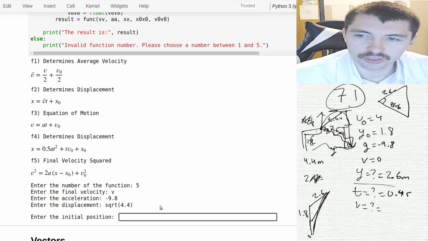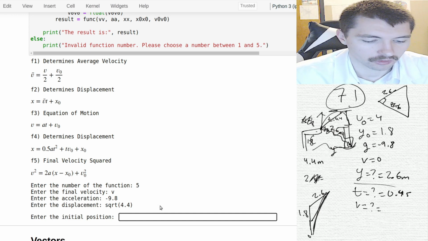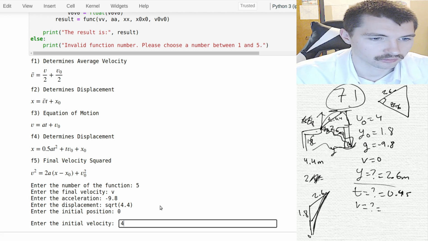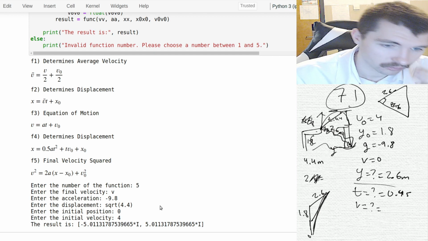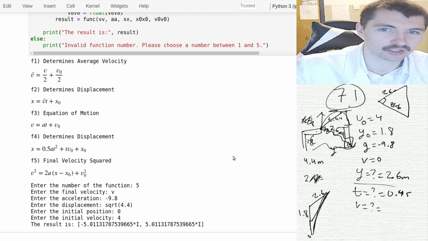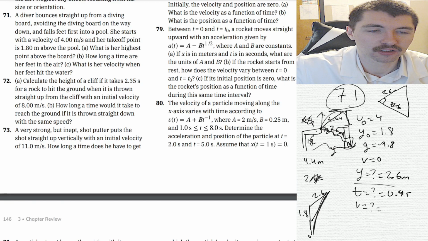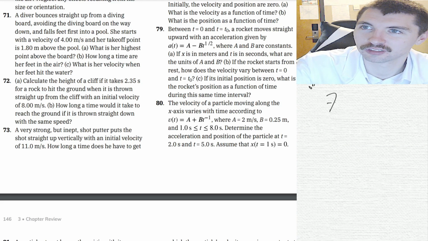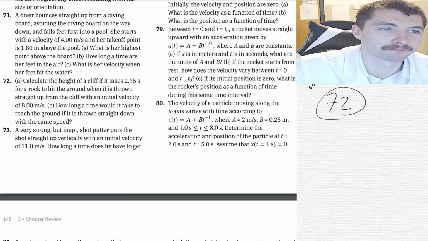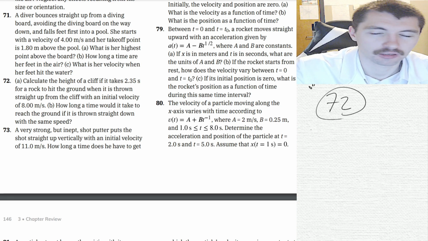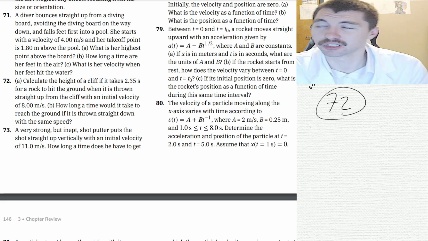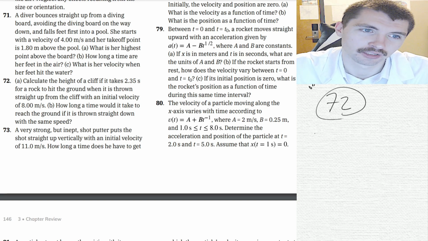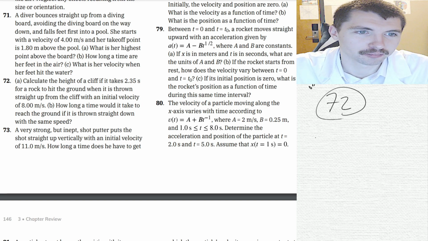Initial position 0. Initial velocity. All right. I think that's all the attempts I can make at this one. And you also have to know the book can just make mistakes too, for what it's worth.